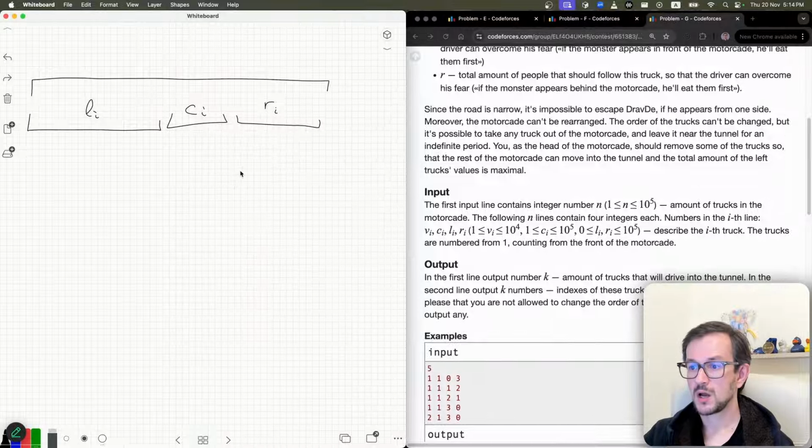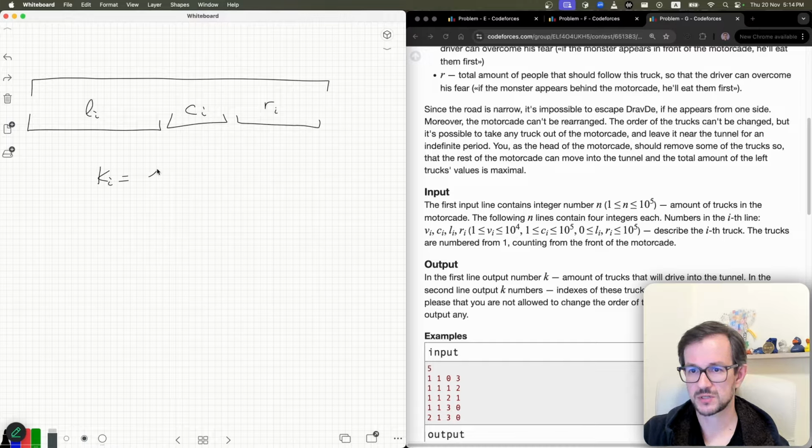From now on, we can split all the buses into groups with the same sum. Let's say Ki equals Li plus Ci.